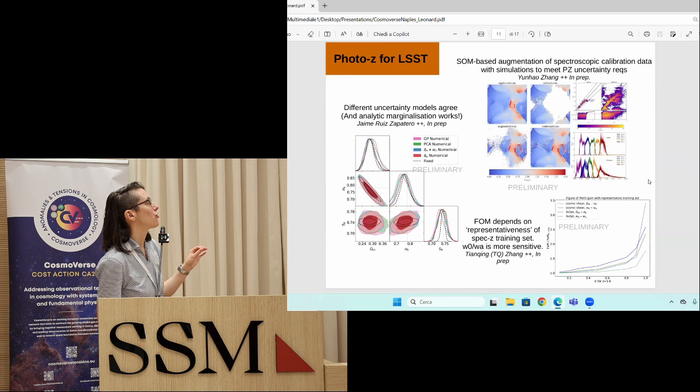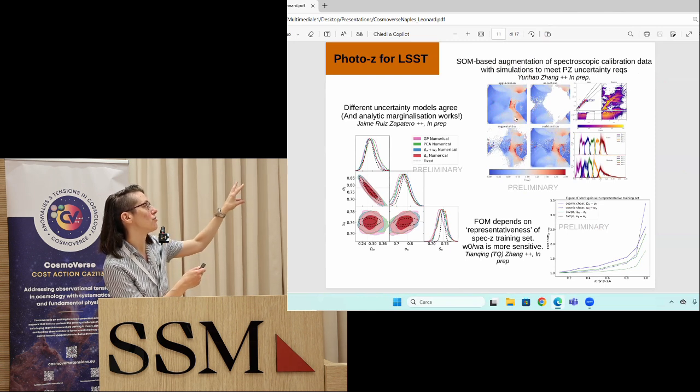So what is happening here, we have a simulated data set, and I apologize for the small text, for a complete spectroscopic calibration. This is in a self-organizing map-based space. So basically, imagine that this 2D space has a bunch of different properties mapped onto it.